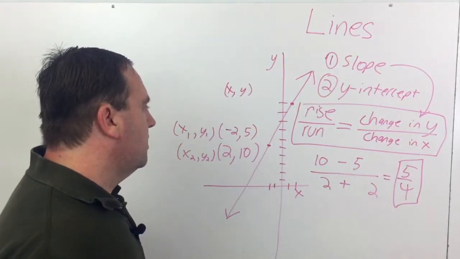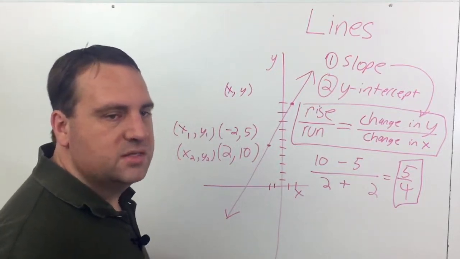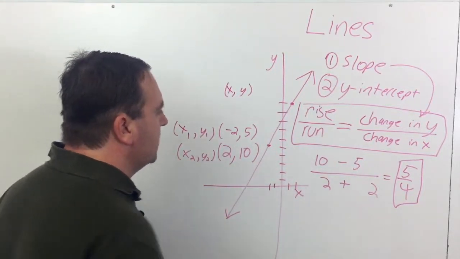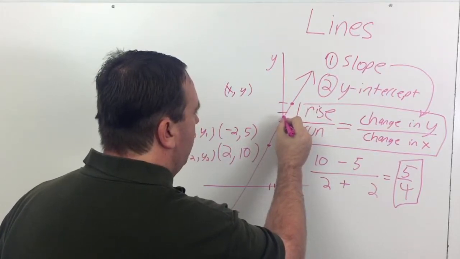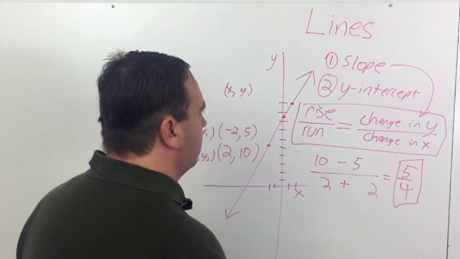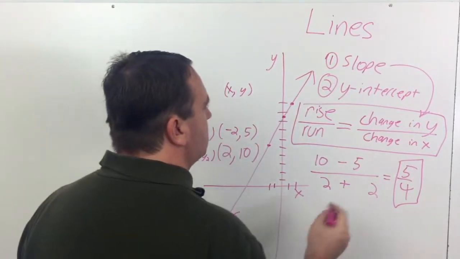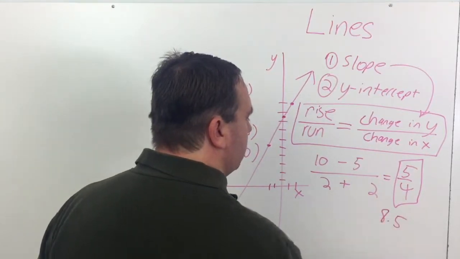In other words, when x is 0, what is the y value? In this case, the y-intercept is at 5, 6, 7, 8.5. So our y-intercept is 8.5.